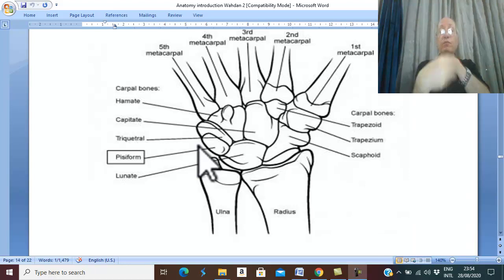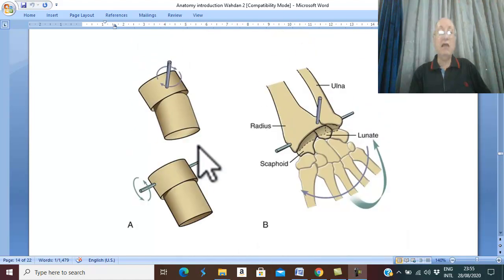We can do all movements together: flexion, abduction, extension, adduction. This is called circumduction. These are the axes in the wrist. The anteroposterior axis allows abduction and adduction, and as usual the transverse axis allows flexion and extension.